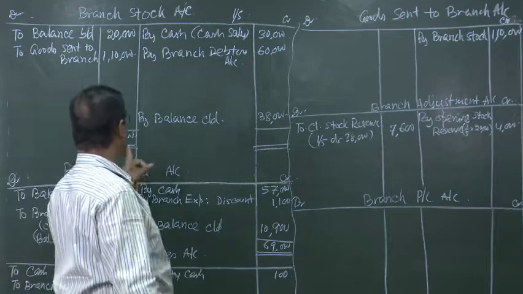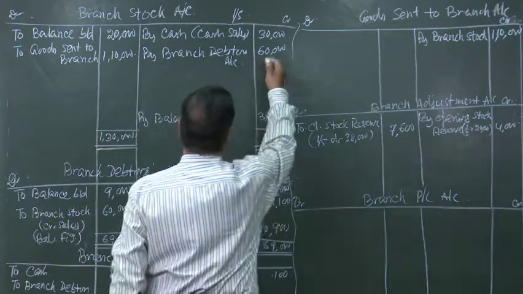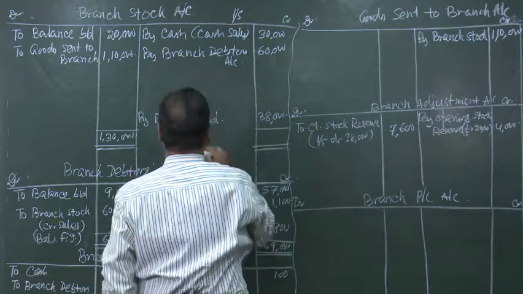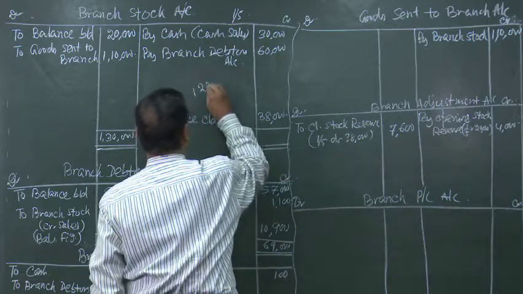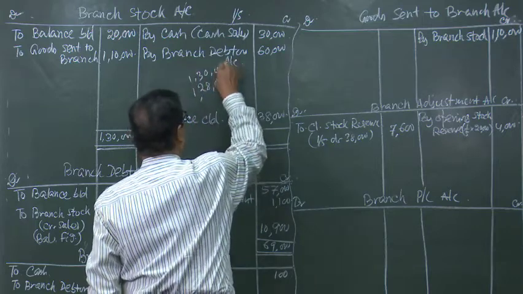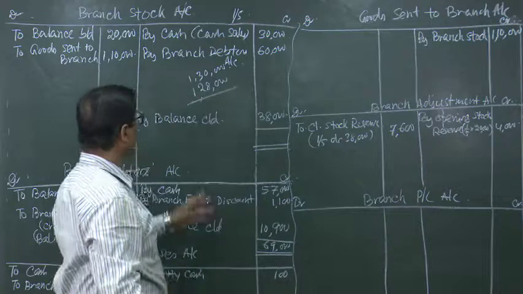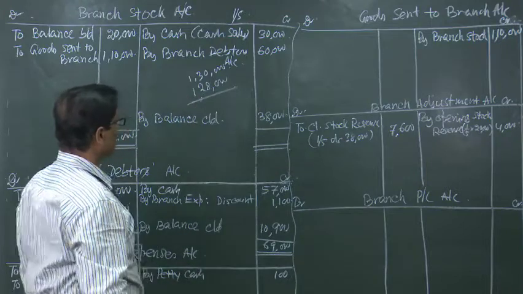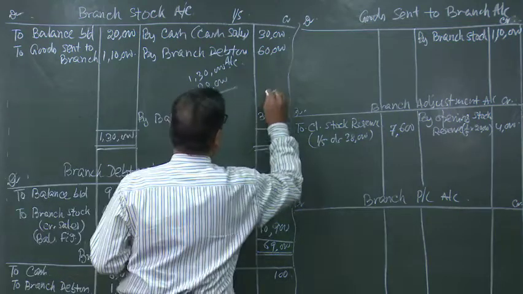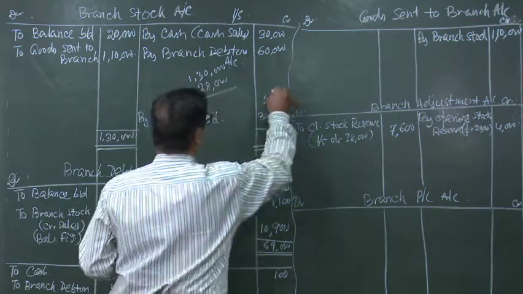Out of 1,30,000, how much is there? 60 plus 30, that is 90 plus 38, 1,28,000. Out of 1,30,000, if we are getting the calculations only for 1,28,000, that means 2,000 is missing. That 2,000 rupees if we keep here, then only it will be closed.